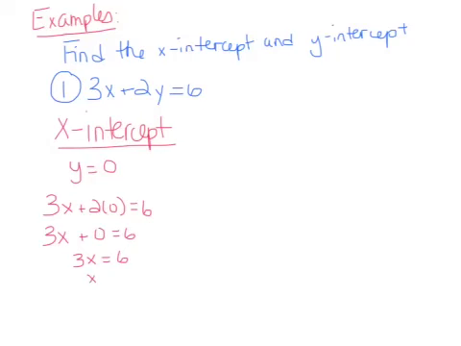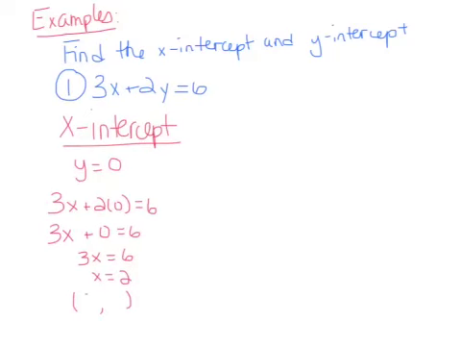That gives us an x-intercept at x equals 2. And actually, I would like you to always write your intercepts as a point. So if you remember, when we had coordinates, we had two things. The first one was the x-coordinate, the second one was the y-coordinate. So our answer here will be written as 2, 0.